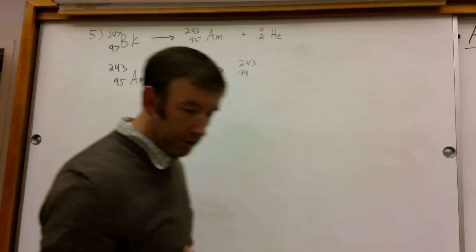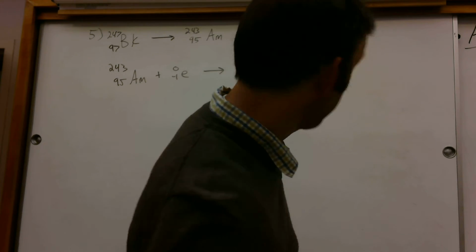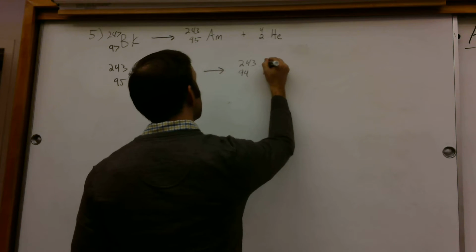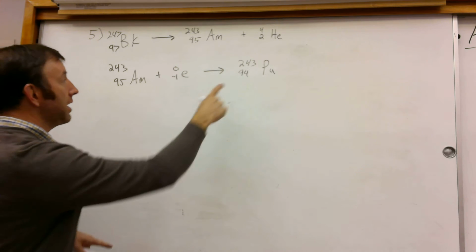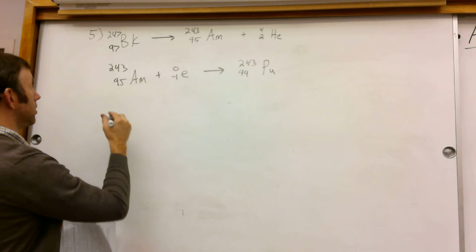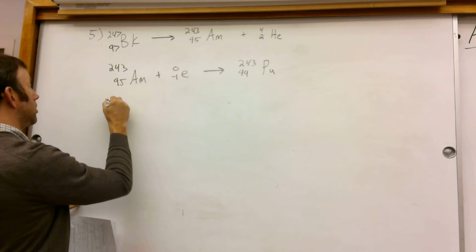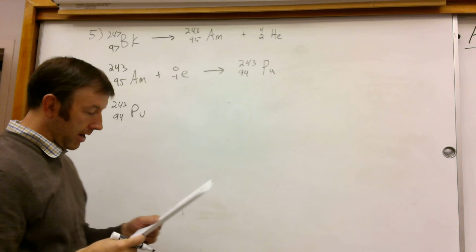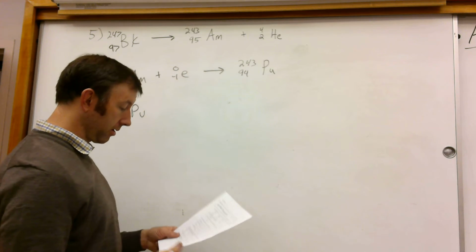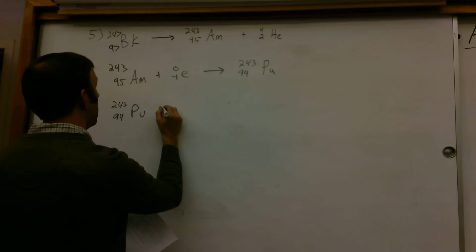All right? So then I go to my periodic table, I find number 94, and I will find that I have plutonium. Okay? So in the next step, I'm going to take plutonium, 94, 243, Pu, right? And I'm going to do a beta decay of that. Okay?